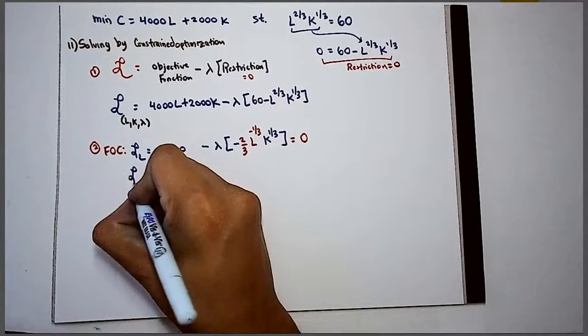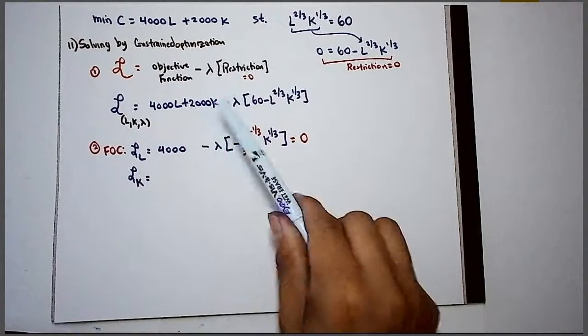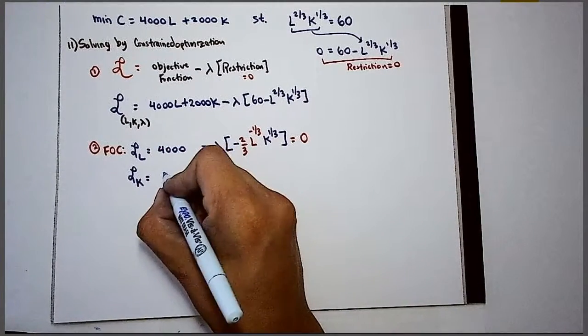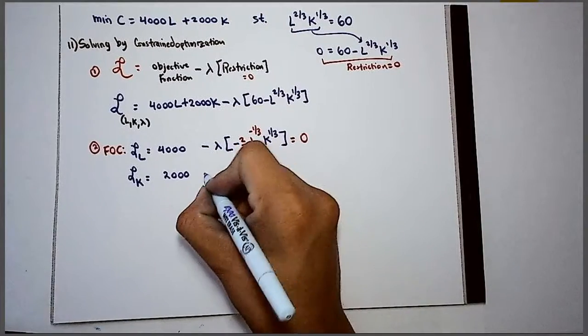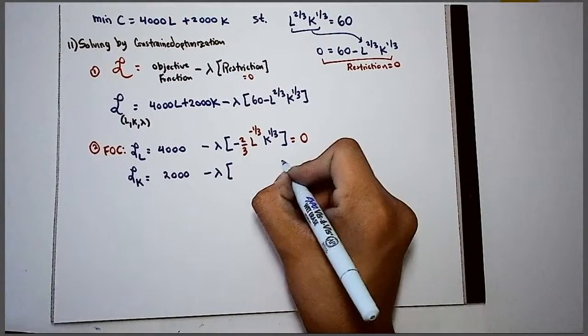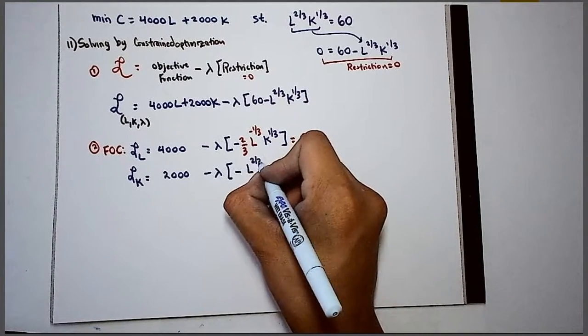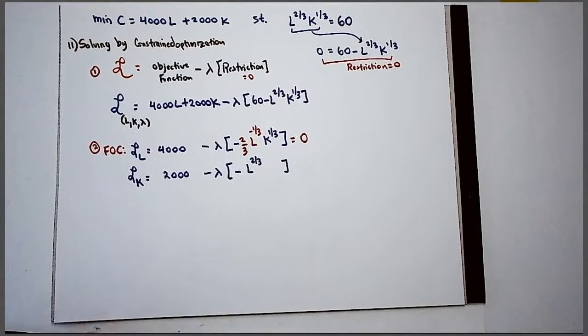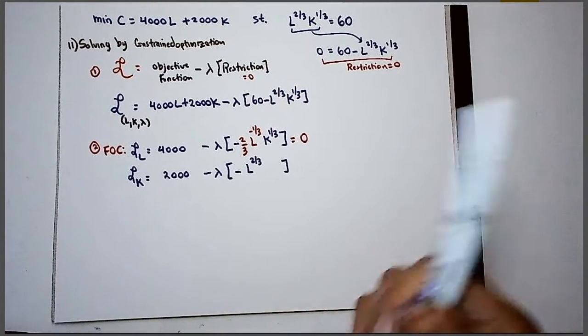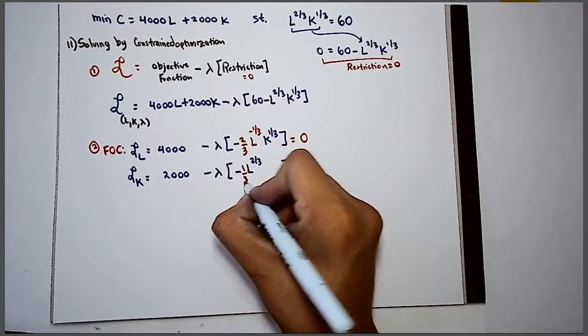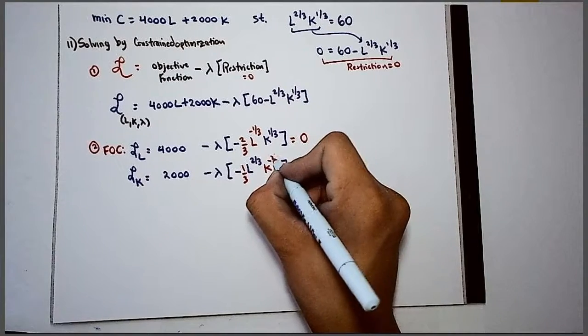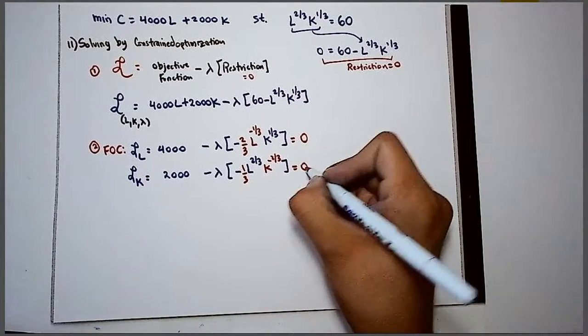Let's continue with the Lagrange with respect to capital. So this is going to be only 2000 minus lambda times. Here minus L to the 2/3 is a constant part, and then the derivative of K to the 1/3 is 1/3 K to the minus 2/3, and that must be equal to 0.